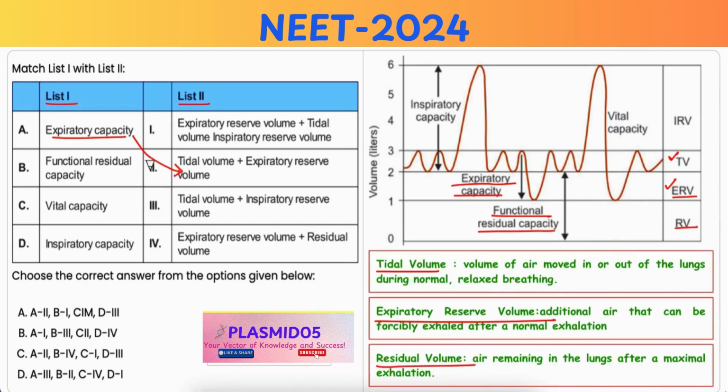Thus, B matches with 4. Now, vital capacity, that is VC, is equal to ERV plus TV plus inspiratory reserve volume, that is IRV. Hence, C matches with 1. And inspiratory capacity, that is IC, is equal to TV plus IRV. Thus, D matches with 3. Hence, the correct answer is option C.